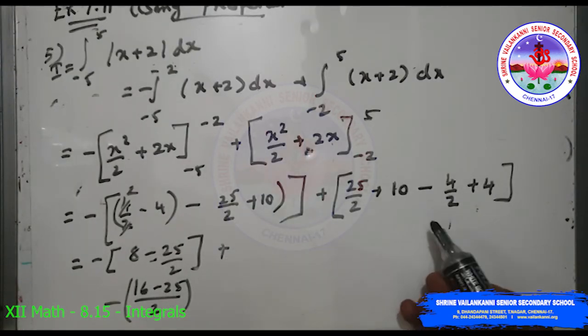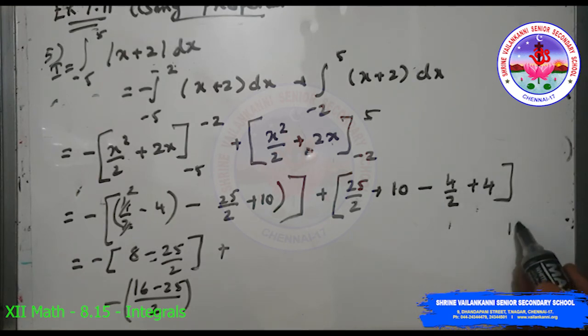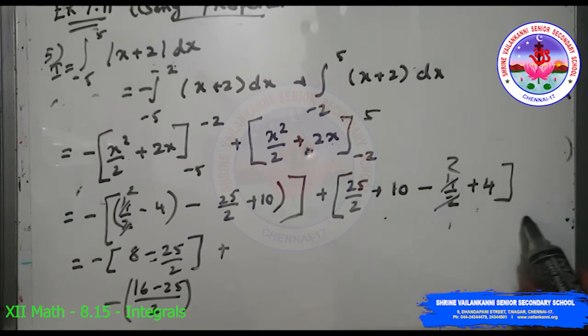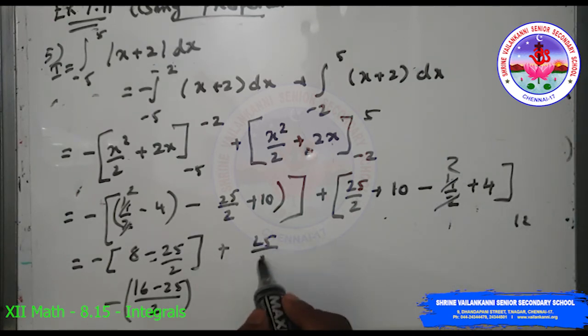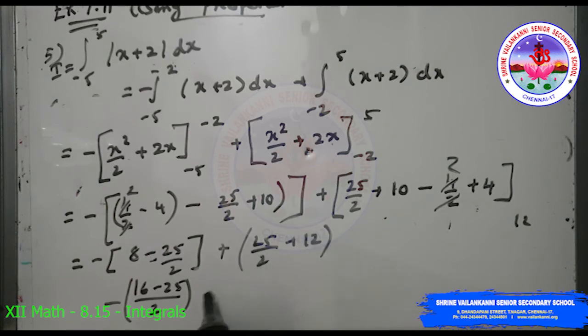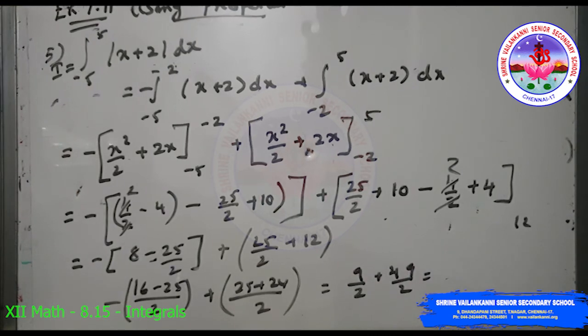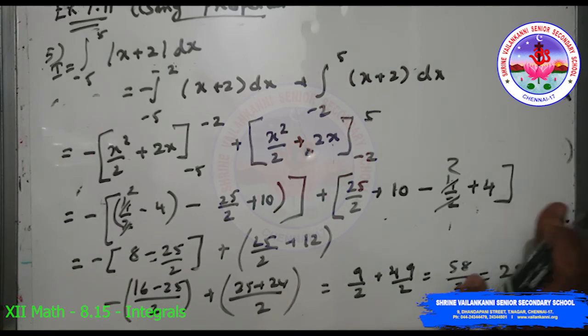Here plus 10 plus 4, 14. So cancelling this 2, so 14 minus 2, 12. So 25 by 2 plus 12, that is 25 plus 24 by 2. So minus 9, minus into minus plus 9 by 2 plus 49 by 2. So 9 plus 49, which is equal to 58 by 2, which is equal to 29.